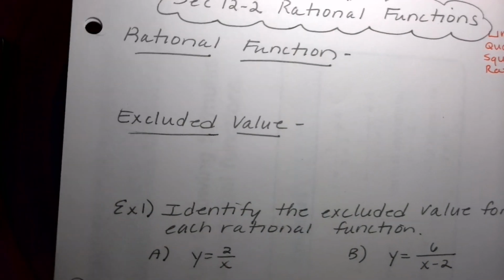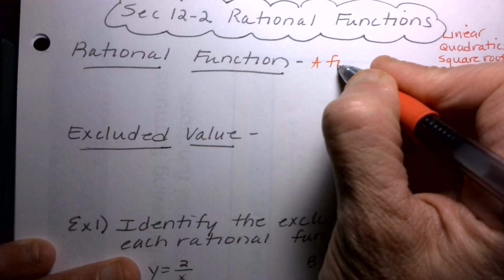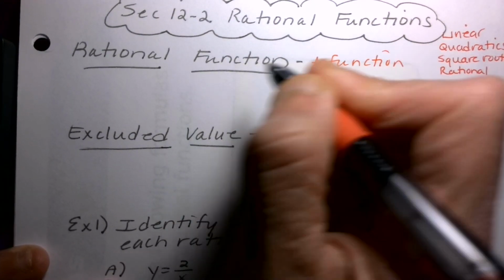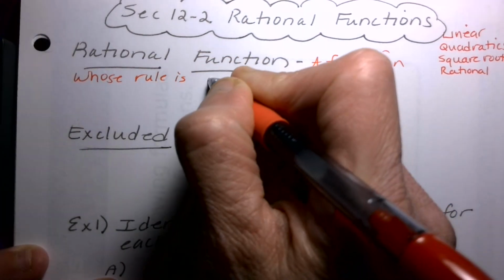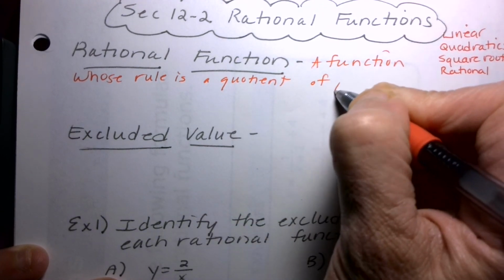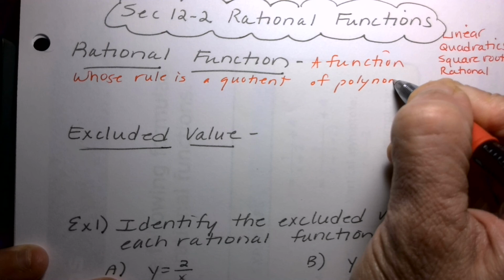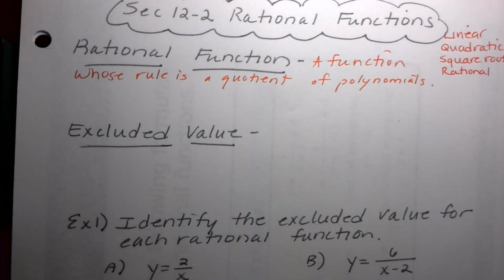So, all right, let's get our definitions down first. A rational function is a function whose rule is a quotient of polynomials. That's it, a quotient of polynomials.